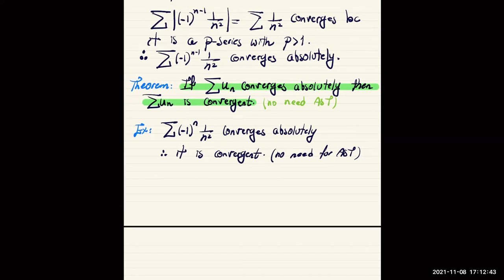Okay, cool. So what if we have a series that converges but does not converge absolutely? We have some series, like the alternating harmonic series. If you check for absolute convergence, it is not going to check out.